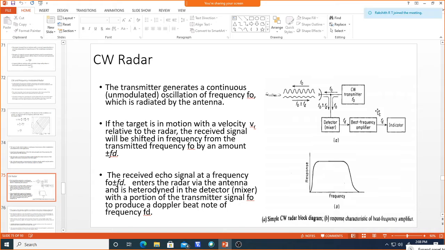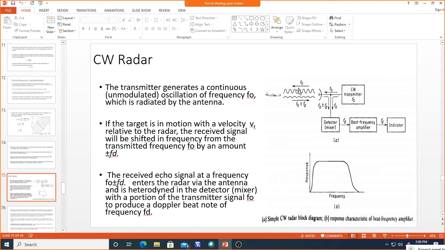This plus or minus indicates that the target is either moving away from the radar receiver or approaching it. Some methods exist to find out whether it is moving away or moving near to the radar receiver. That difference is given by plus or minus fd.